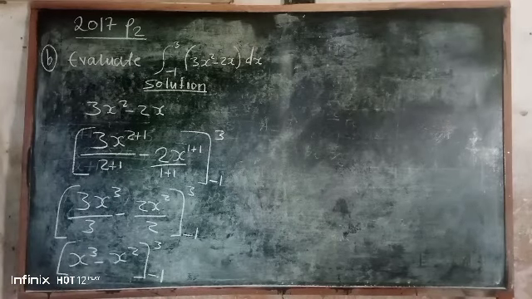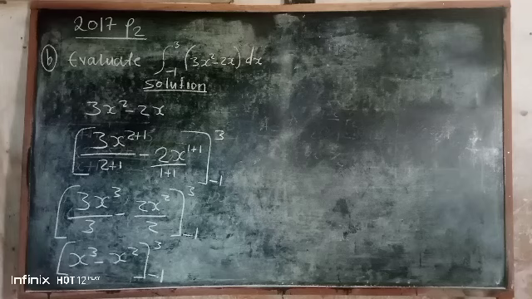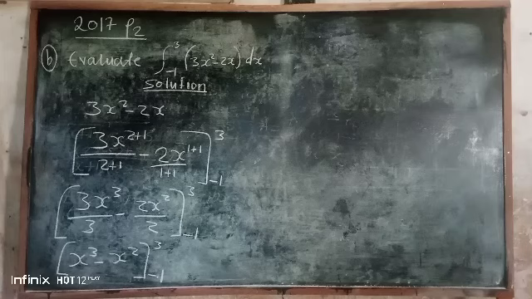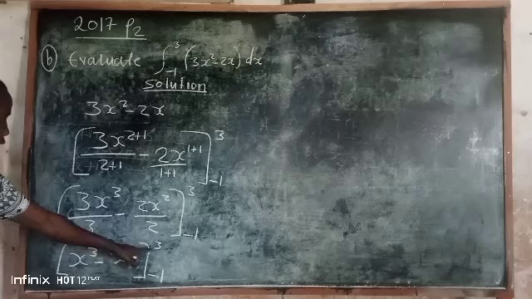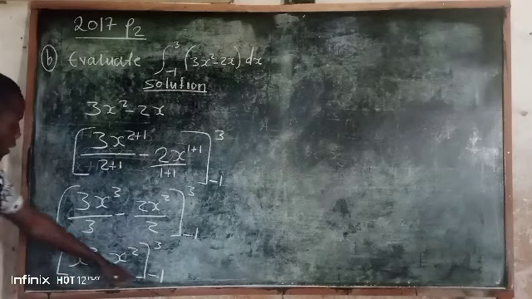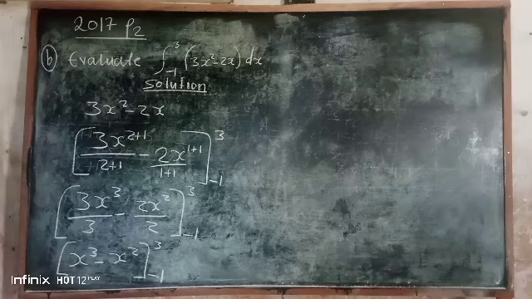For us to find the final answer, we are now going to substitute the limits. How do we substitute? Where there is x, we put the upper limit, then minus the lower limit. First of all, we substitute the upper limit where there is x, then minus the lower limit.